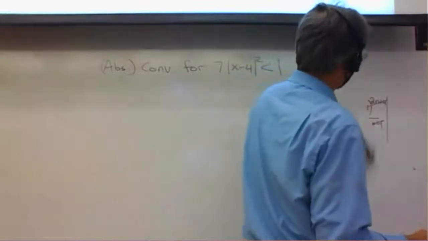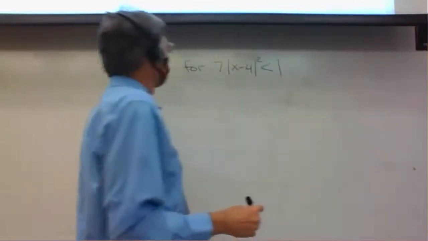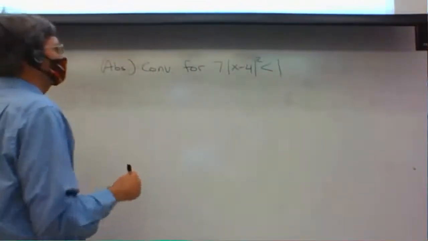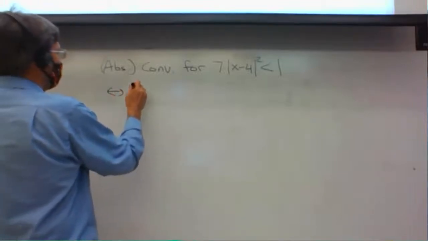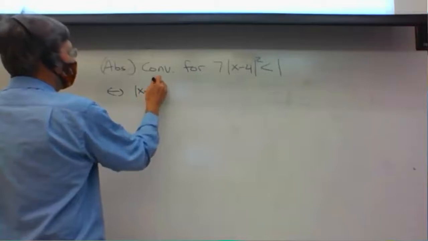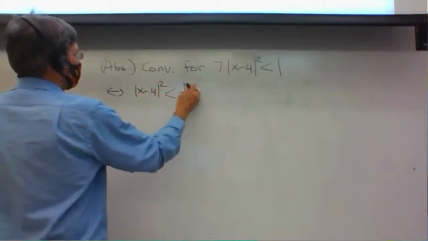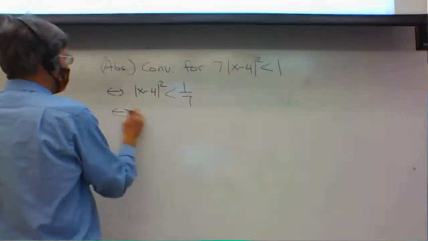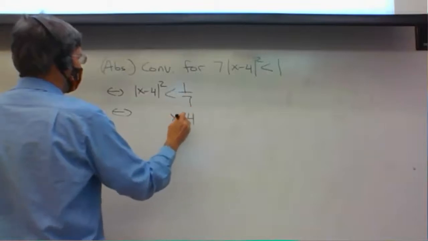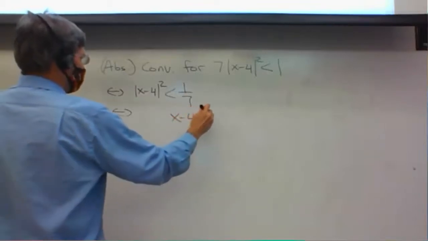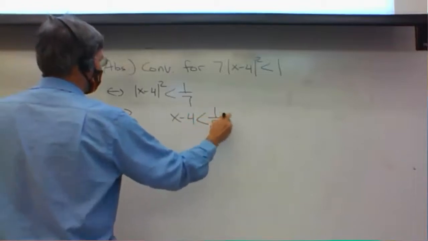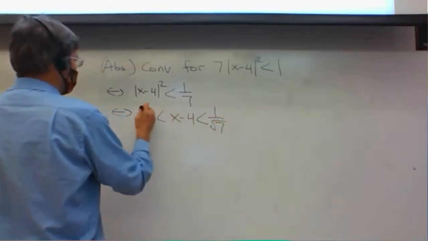And then we have to check separately at the endpoints. Equivalently, this is x minus 4 squared less than a seventh, which equivalently is x minus 4 between minus 1 over square root 7 and 1 over square root 7.